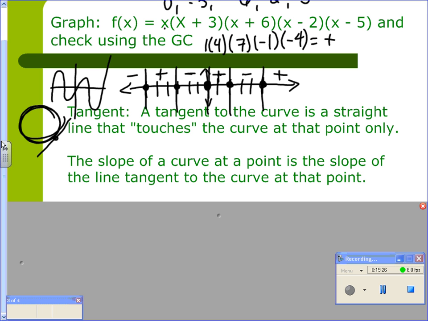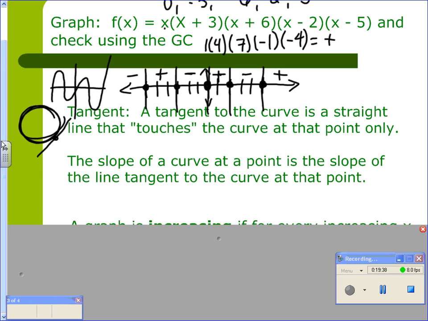The slope of the curve at that point is the same as the slope of the line tangent to the curve at that point. At this point, the slope of the curve that's red has the same slope as the black tangent line.